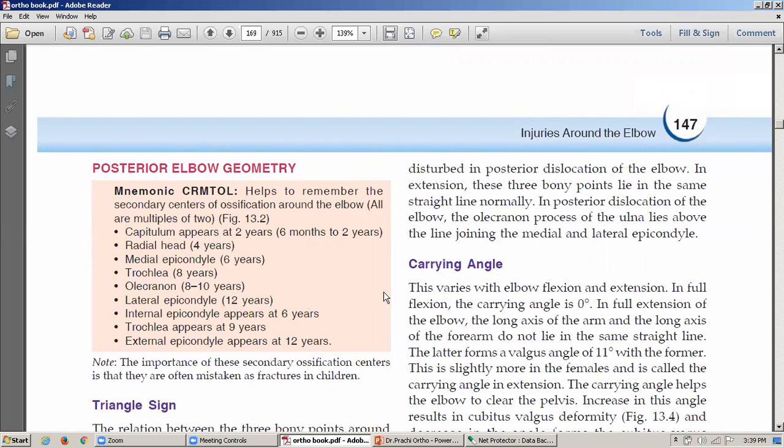So, the carrying angle varies with elbow flexion and extension. In full flexion, the carrying angle is 0 degrees. In full extension of the elbow, the long axis of the arm and the long axis of the forearm do not lie in the same straight line, and the latter forms a valgus angle of 11 degrees with the former. This is slightly more in females and is called the carrying angle in extension.